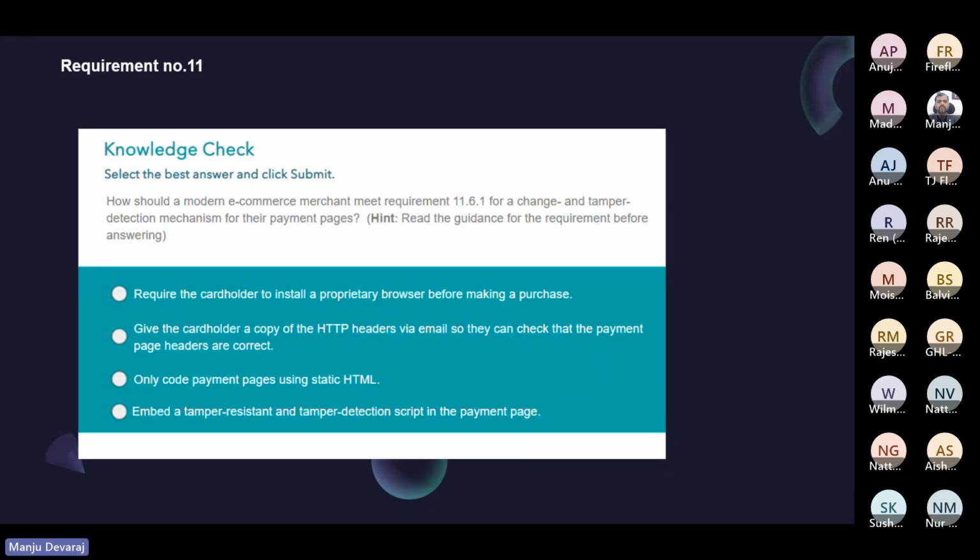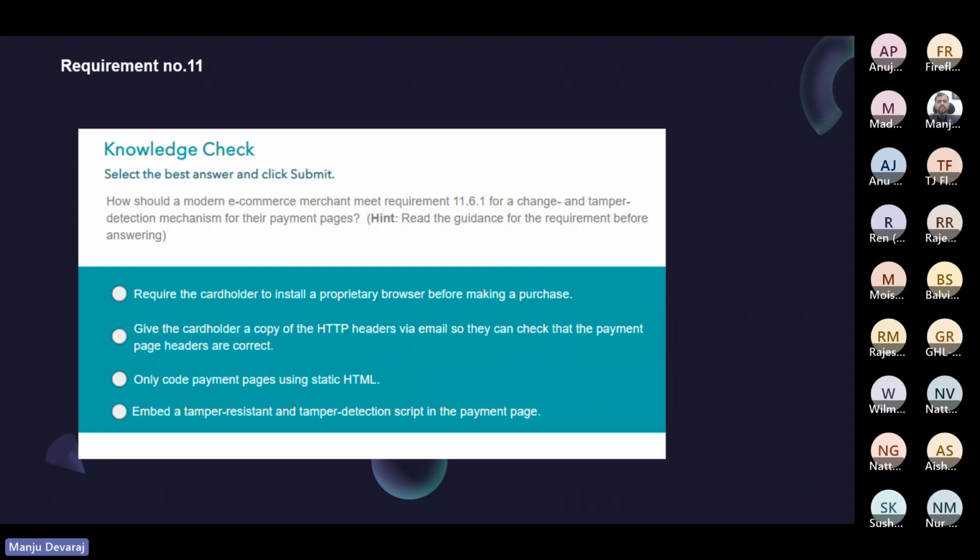Now, how should an e-commerce merchant meet requirement 11.6.1 for a change and tamper detection mechanism for their payment page? Only code payment page, use static, give a card order a copy wrong. All this rubbish, by the way it is written, right?